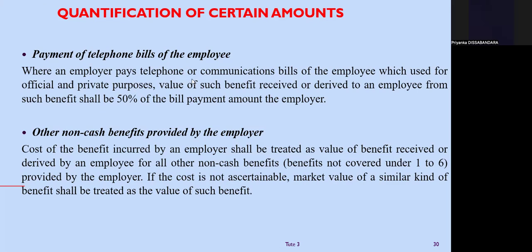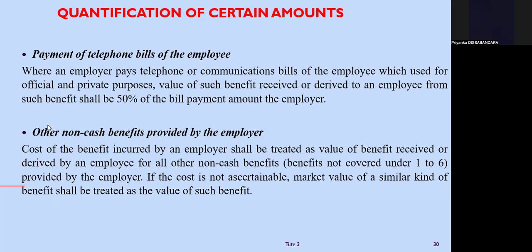Normally we know that the telephone is used for official purposes and for private use. That is why we consider only 50% of the bill, because 50% is for private purposes. Therefore, we tax it. We include it under employment benefit.